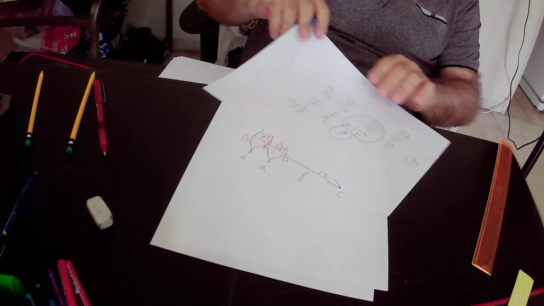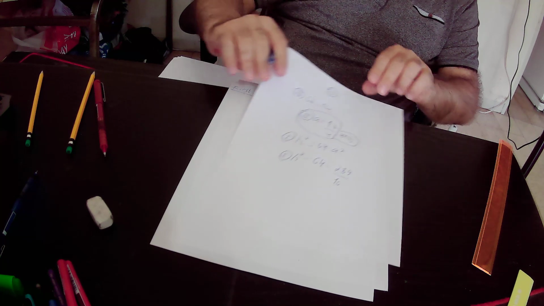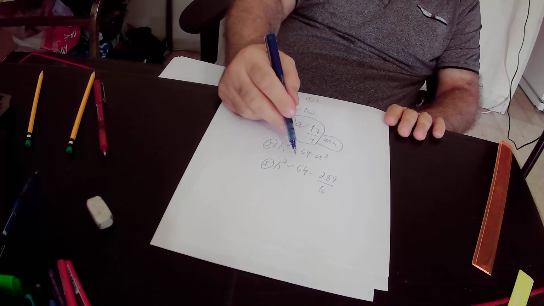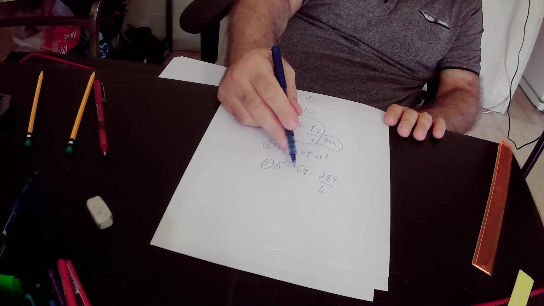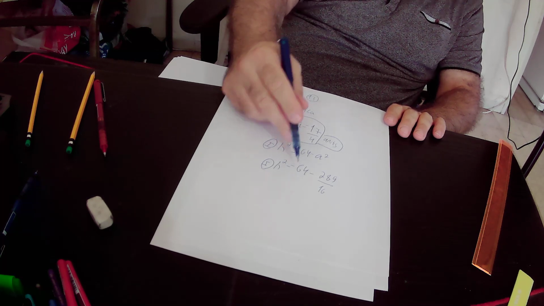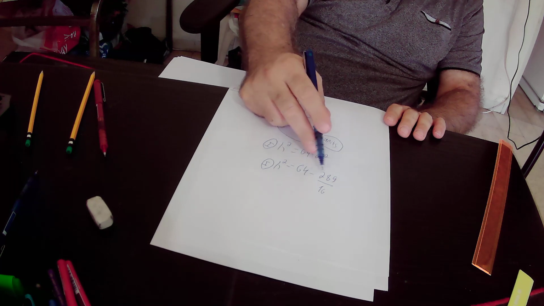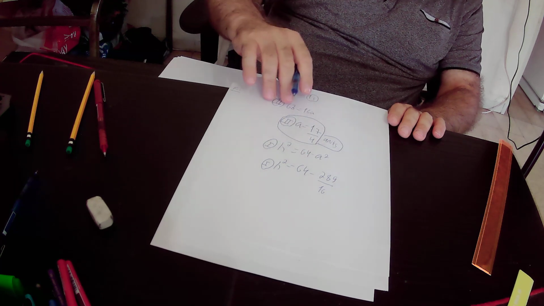Okay, here we will multiply 64 by 16 and then divide it by 16. Actually, we will take 16 as a common factor of this expression.